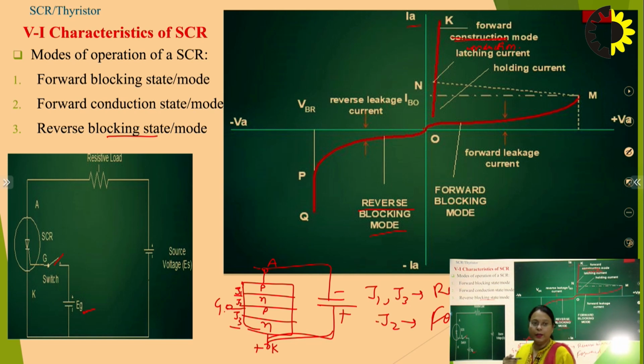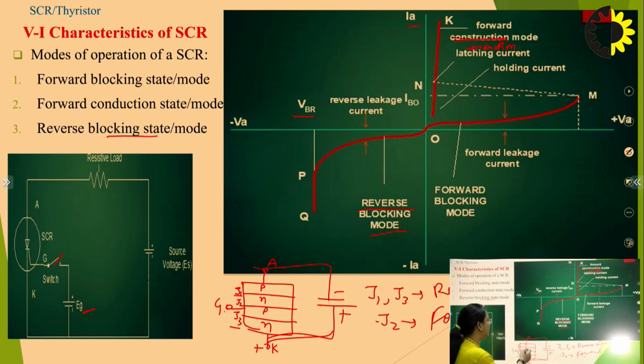Now, if the anode to cathode reverse voltage is increased to VBR, where VBR is the reverse breakdown voltage of the SCR, and if the voltage is increased further, equal to or greater than VBR, then a very high current will flow across the device, due to which the device may get damaged.